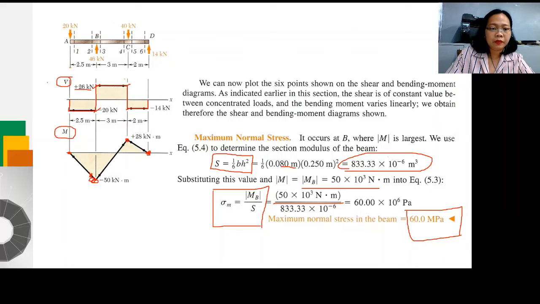Okay? So that is at this point, at point B. This is where the maximum stress fell. Diri nga point sa beam, feel niya ang maximum stress.